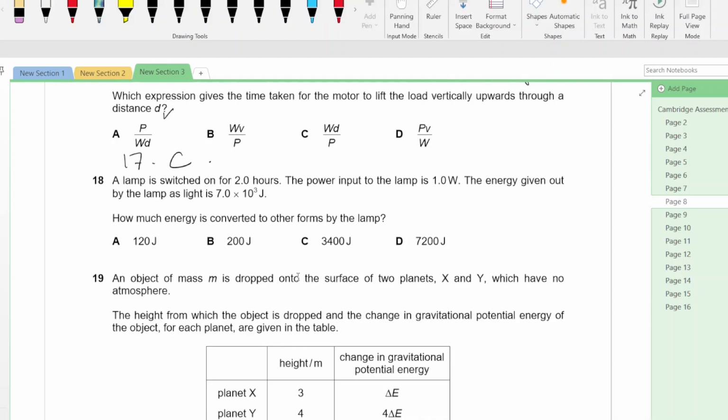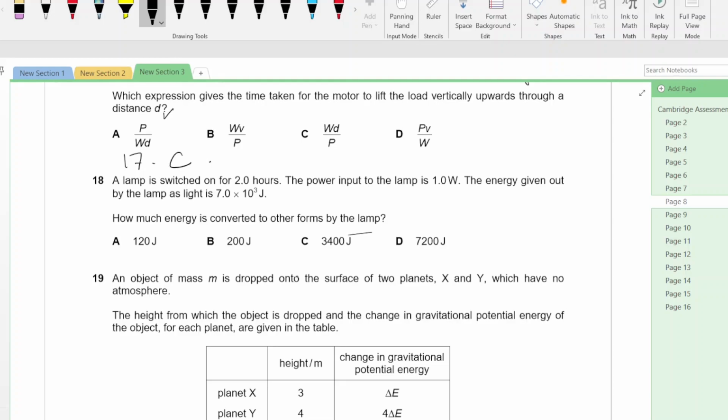Question 18. A lamp is switched on for 2 hours. The power input to the lamp is 1 watt. The energy given out by the lamp as light is 7 into 10 to the power 3 joule. How much energy is converted to other forms by the lamp?